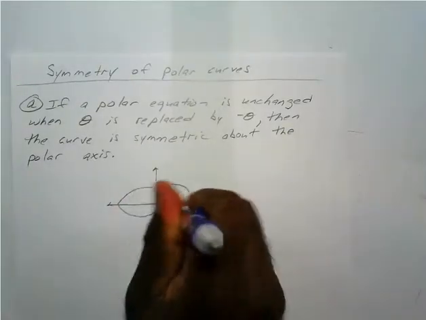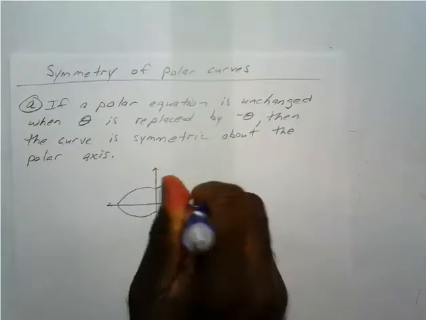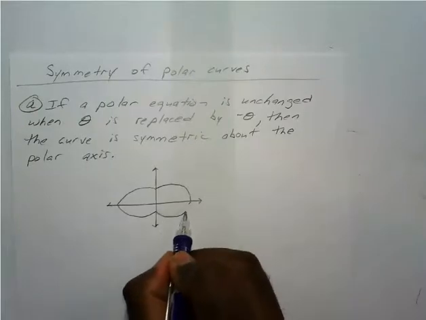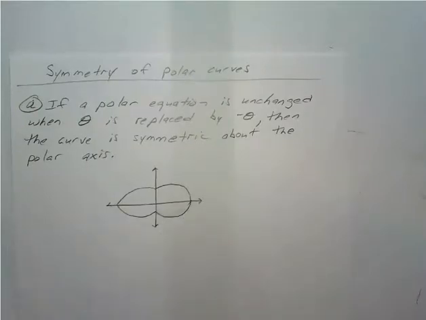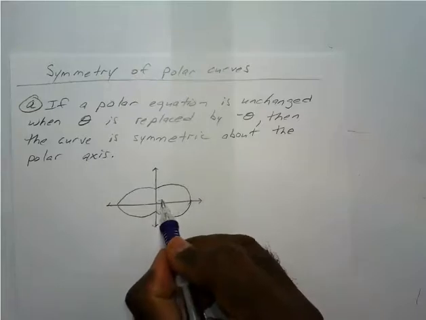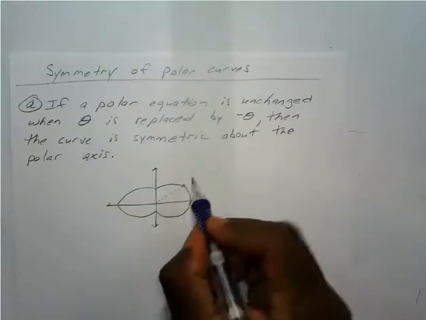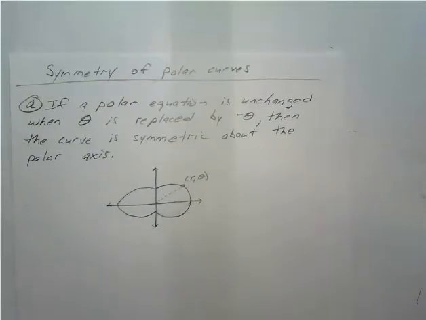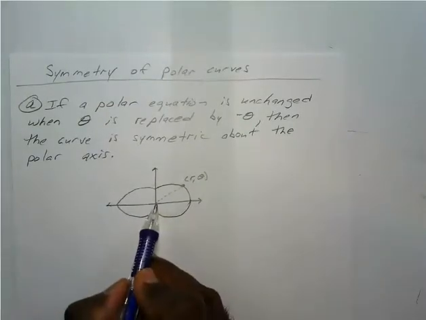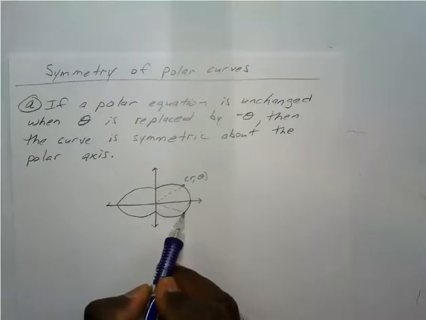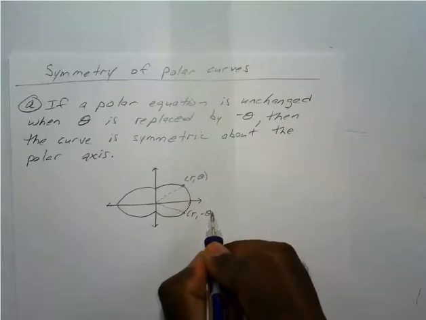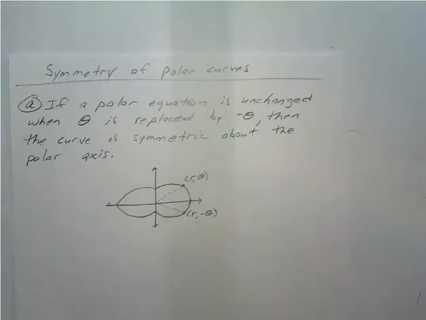Now this should be a little bit higher, or a little bit lower, trying to keep it looking completely symmetric. Okay, so let's say this right here is an example of your r of theta. Then you should have an r of negative theta on the graph also.